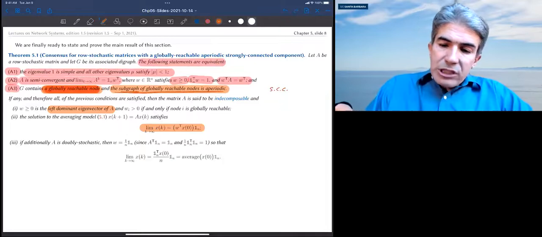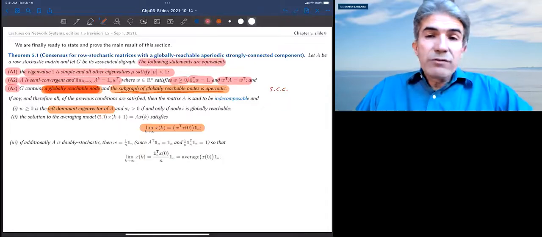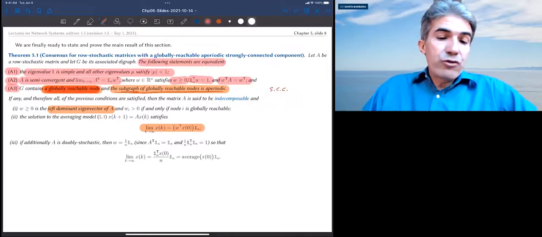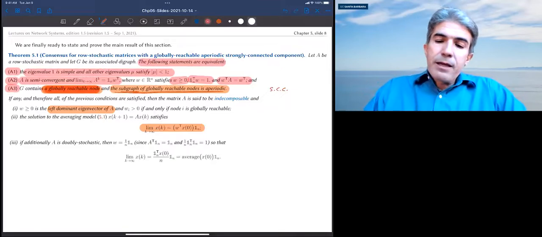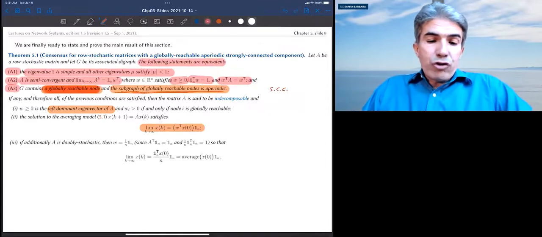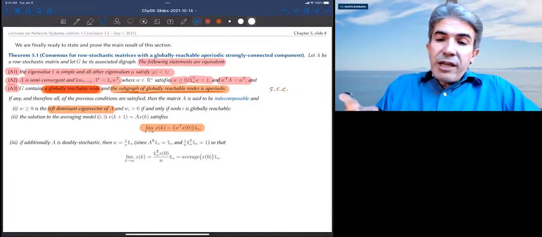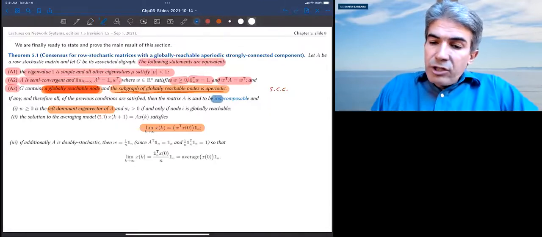Now let me go over the consequences again. If any of the three conditions A1, A2, A3 holds, they are equivalent, then this class of matrices is not irreducible and certainly not primitive. I want to give it a name, and I will call it indecomposable.